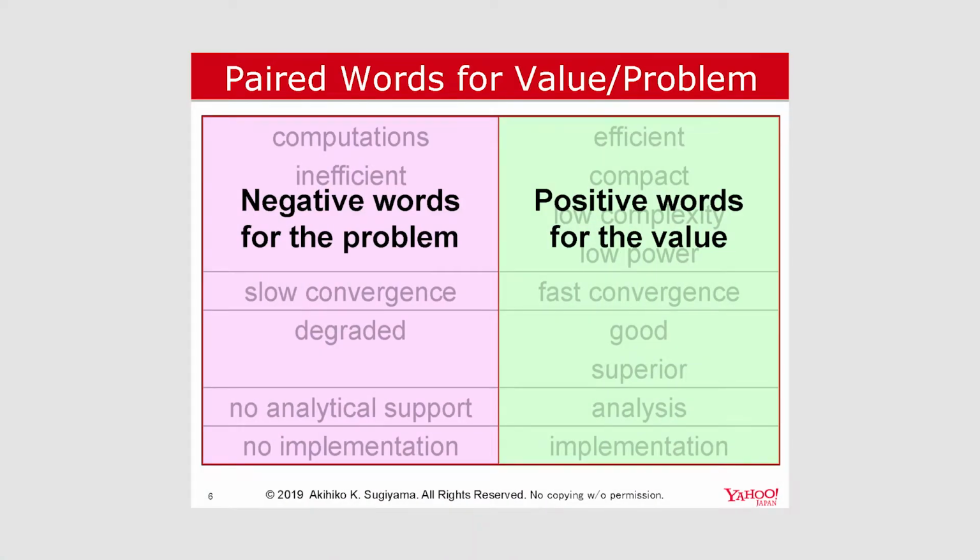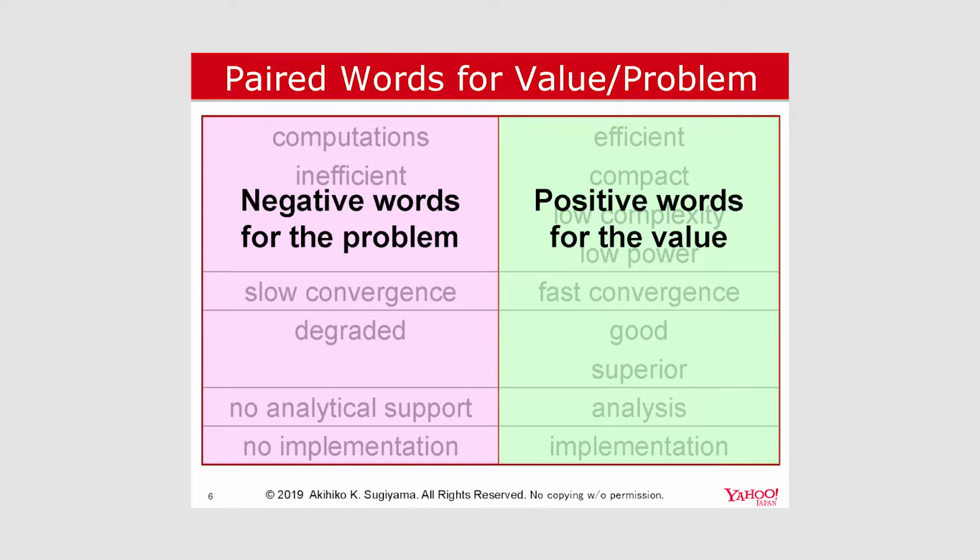Sometimes paired words for the value-problem pair help. For example, on the left-hand side, I am putting words to represent drawbacks or problems. On the right-hand side, I have opposite words to the ones appearing in the left-hand side. So that means on the right-hand side, I have good words or advantages. Okay, so these are positive words for the value.